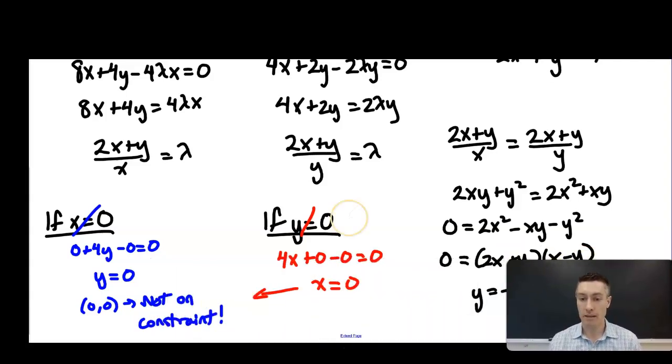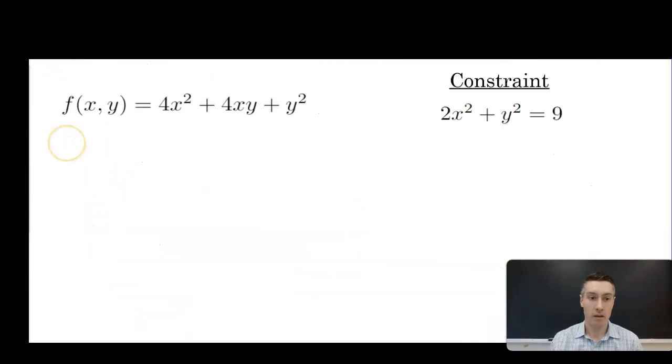So let's go to the next slide. Okay, so if y equals x in the constraint curve, I'll use a different color, then we have 2x squared plus x squared equals 9.